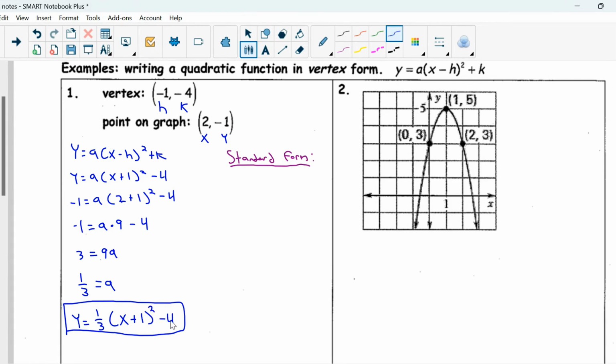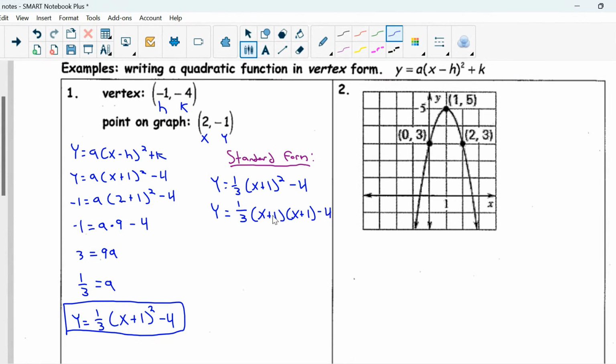In order to do that, all you need to do is go ahead and expand this. So we've got y equals 1/3 times x plus 1 squared minus 4. Let's go ahead and FOIL my middle factor here. So we've got x plus 1 times x plus 1, minus 4.